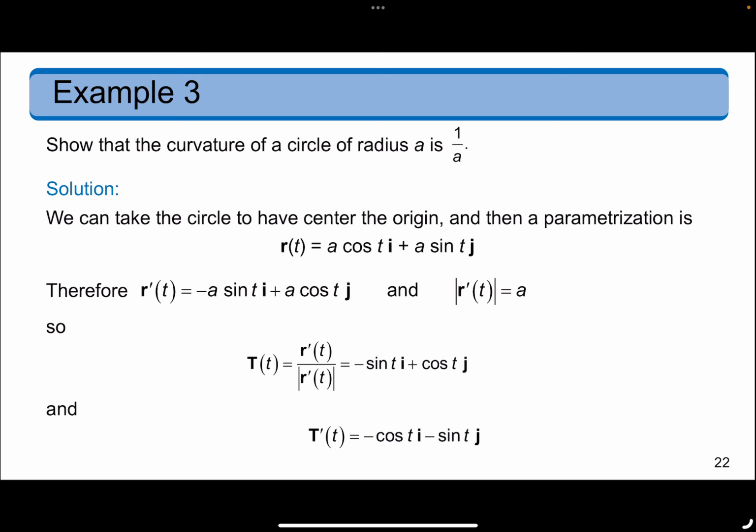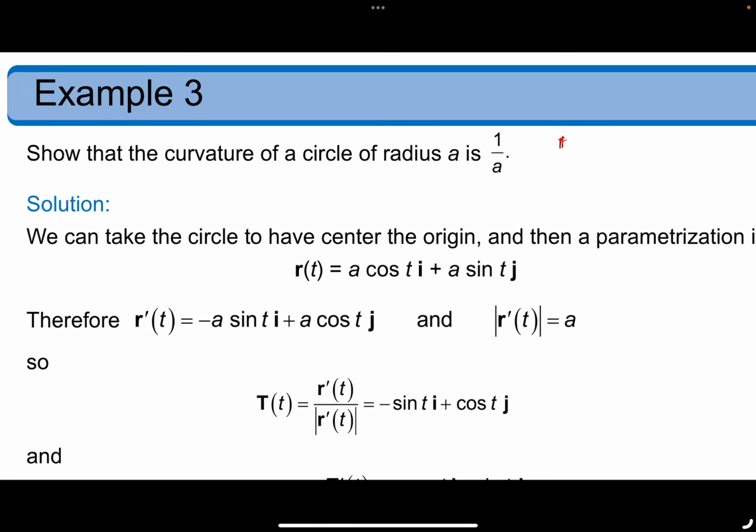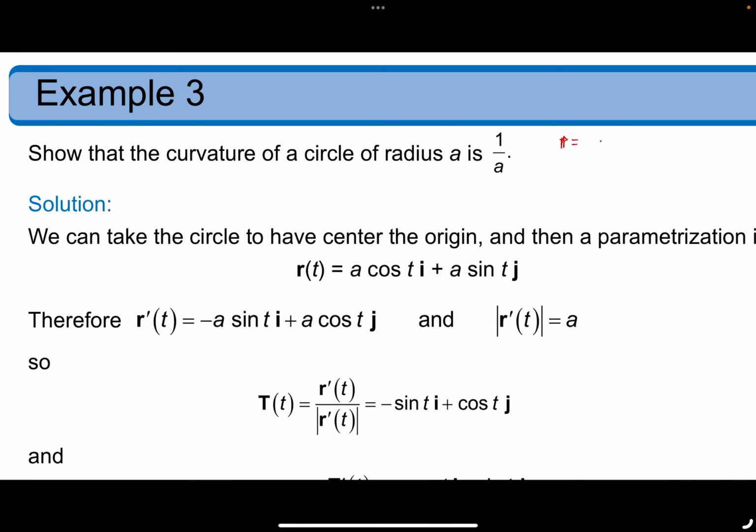For a circle, x squared plus y squared is equal to the radius squared. For this one, the radius is a, so we have x squared plus y squared equal to a squared.